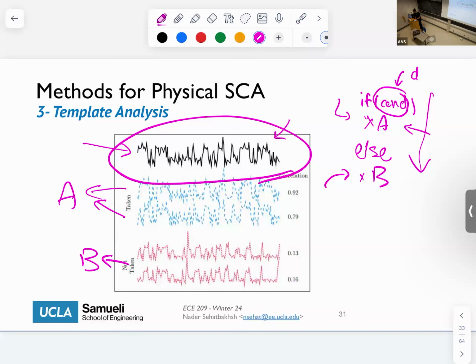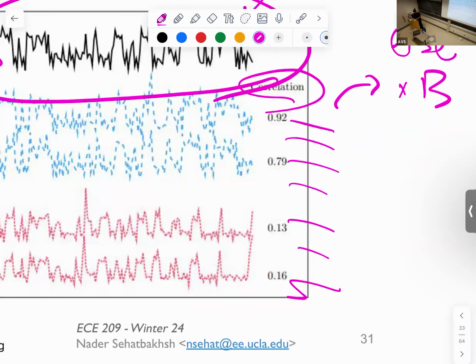Now during the attack phase, I compare this signal with all of these instances that I have, and I use some distance metric to see the similarity. For example, here we are just using a basic cross correlation, or just a Pearson correlation, between these two signals. I can assign scores. For example, this one says 92%, this one is 0.79, 0.13, 0.16.